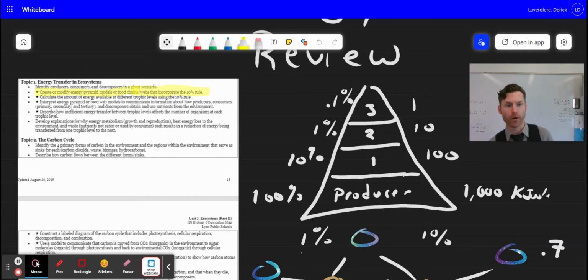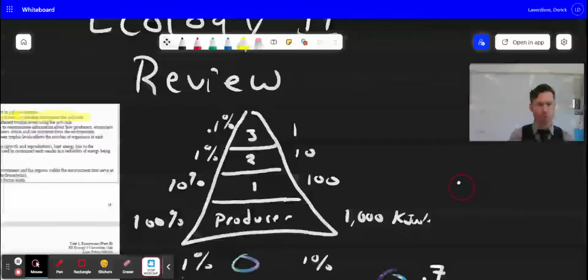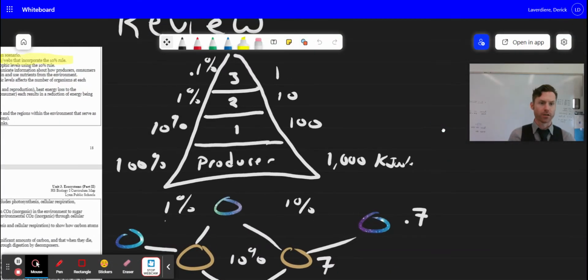So the first bullet point that we are going to look at says create or modify energy pyramid models or food chains / webs that incorporate the 10% rule. And so the 10% rule is referring to the way that energy moves through the ecosystem, through consumption.